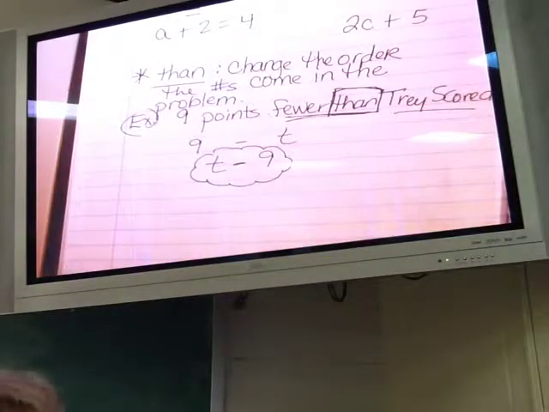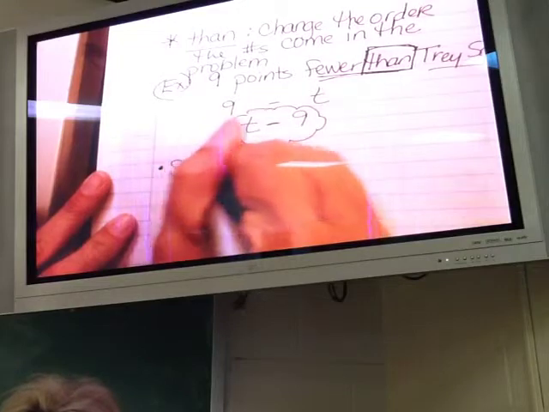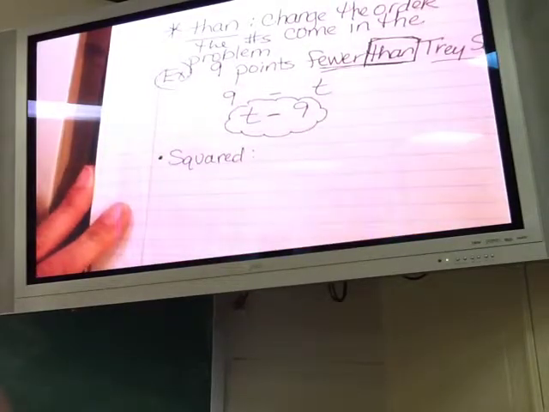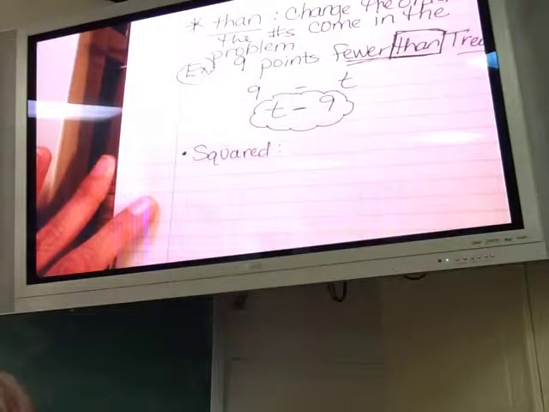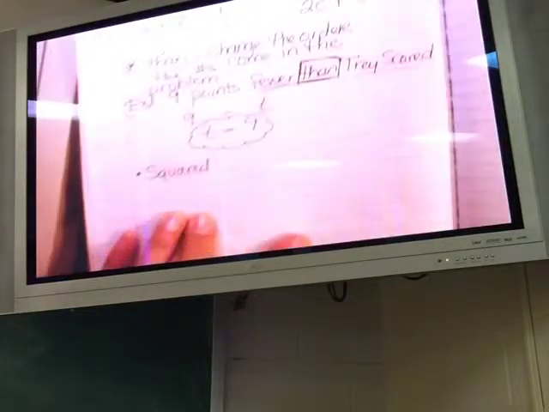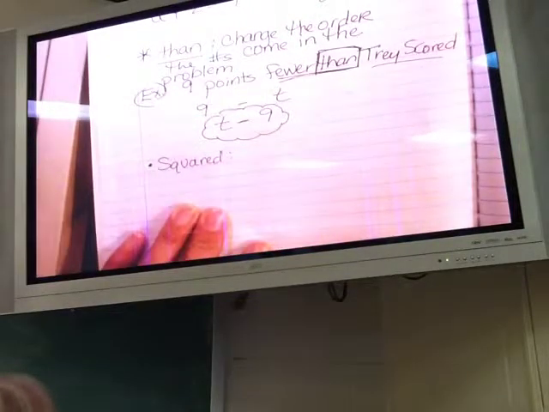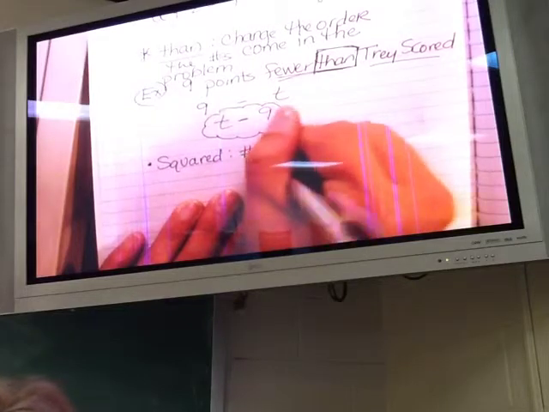Now, a couple of words that we saw in the last foldable that we completed. If you see the word "squared," what does that tell you to do to that number? Times it by itself. If I have it squared, then the number is to the second power.